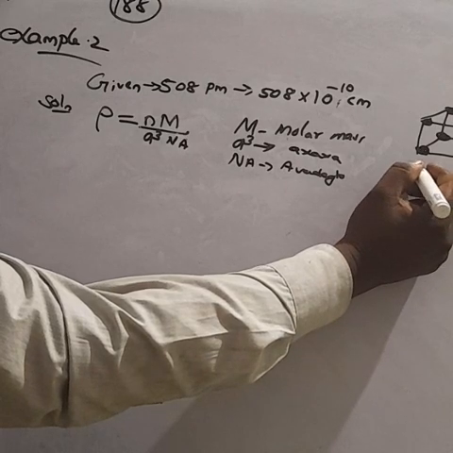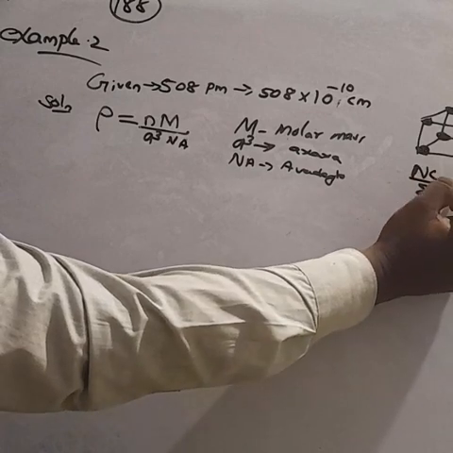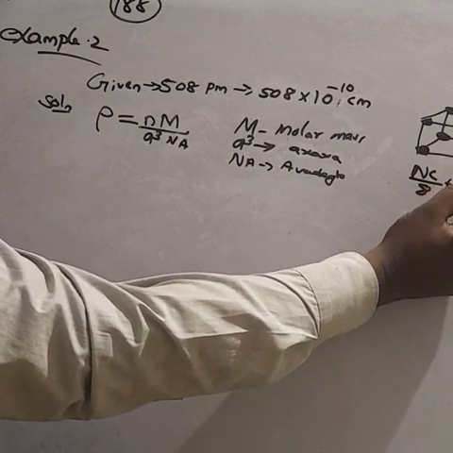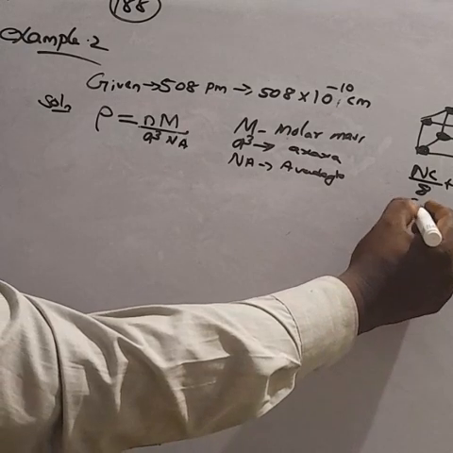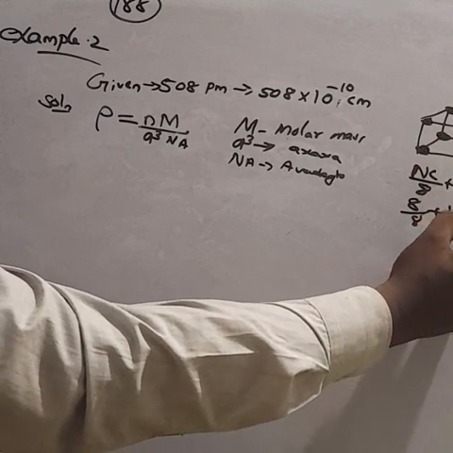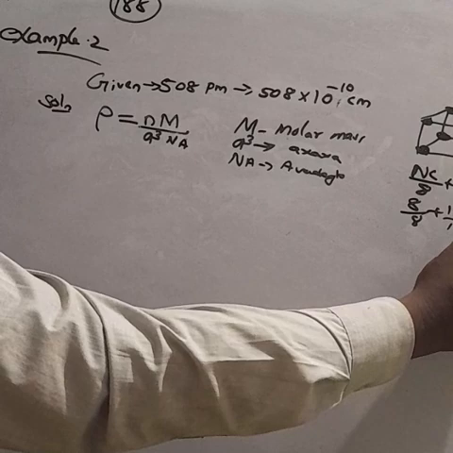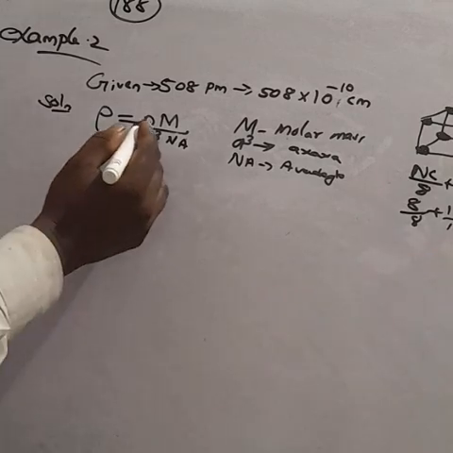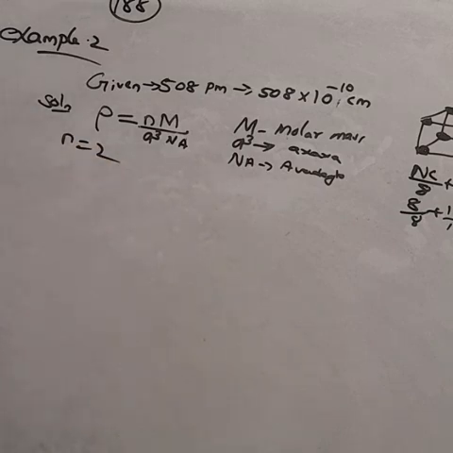Nc divided by 8 plus Nb divided by 1. Nc, the number of corners, is 8, so 8 by 8, plus Nb is 1 by 1, equal to 1 plus 1 is equal to 2. This is the n value. In this case, n is equal to 2.